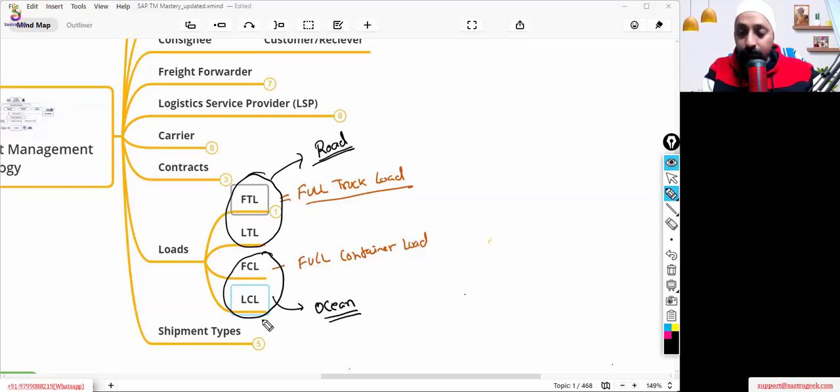Now, let me ask you a question. This is my truck. On the truck, I have one steel coil.